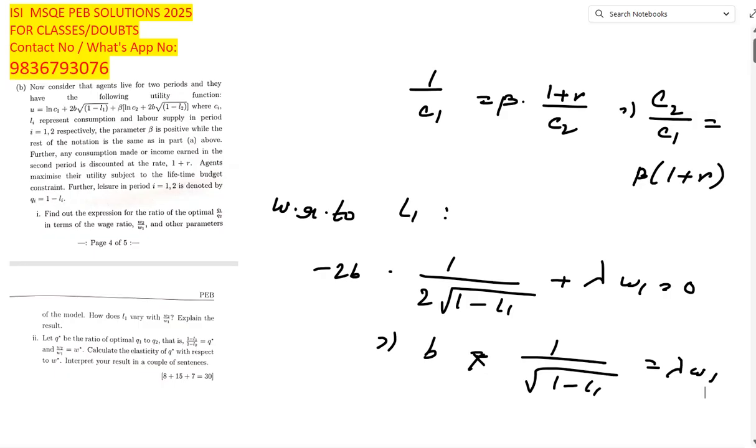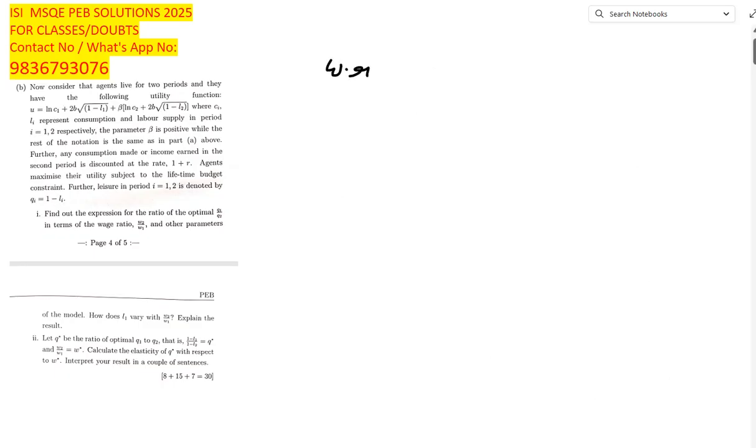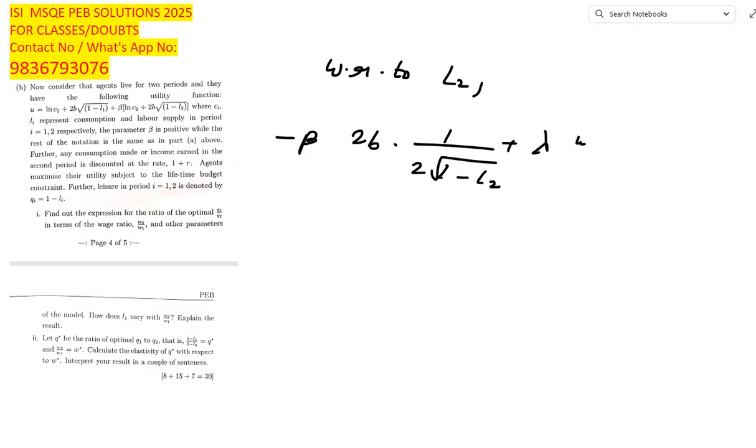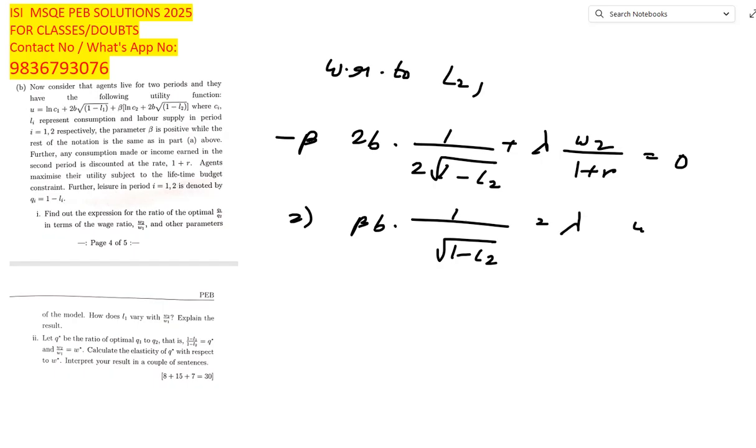Again we will find out with respect to L2, it is minus beta 2b by 2 root over 1 minus L2 plus beta W2 by 1 plus R is equal to 0, or b by root over 1 minus L2 is this.